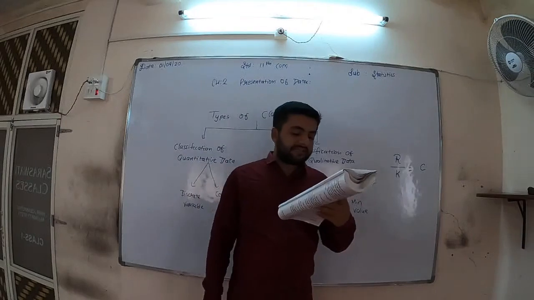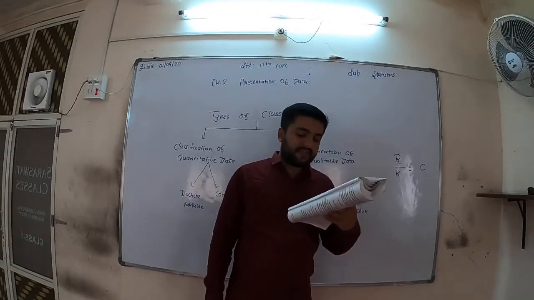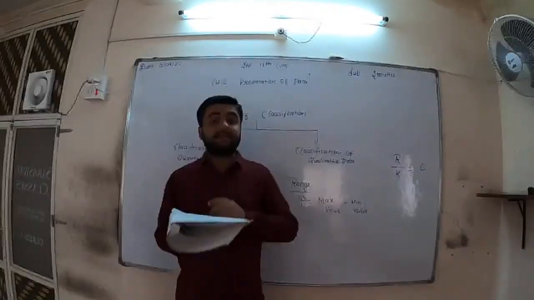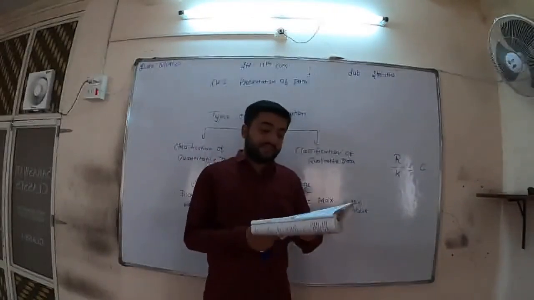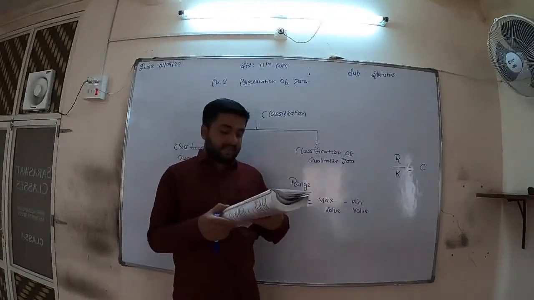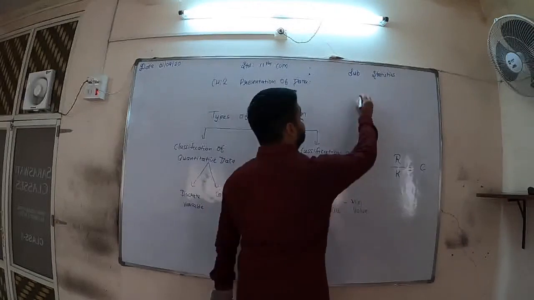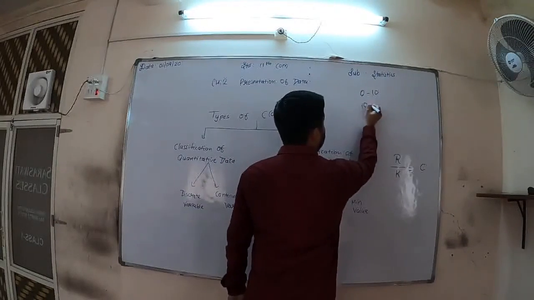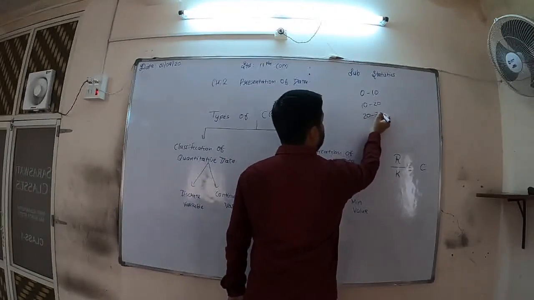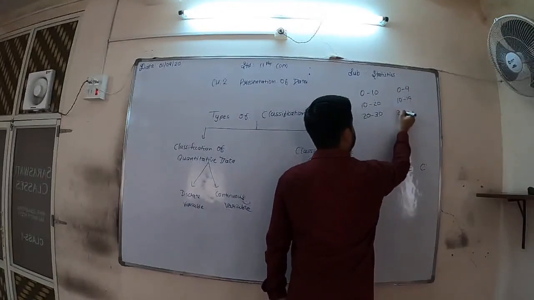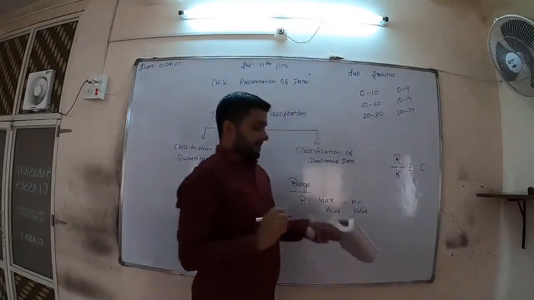After deciding the class length, class limits are decided for each class. On the basis of class limits, continuous frequency distribution is categorized in two ways. Please underline that thing. Continuous distribution is categorized in which two ways? Exclusive and inclusive. Suppose 0 to 10, 10 to 20, 20 to 30, or 0 to 9, 10 to 19, and 20 to 29.